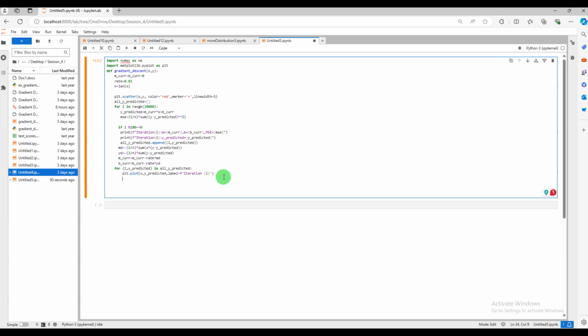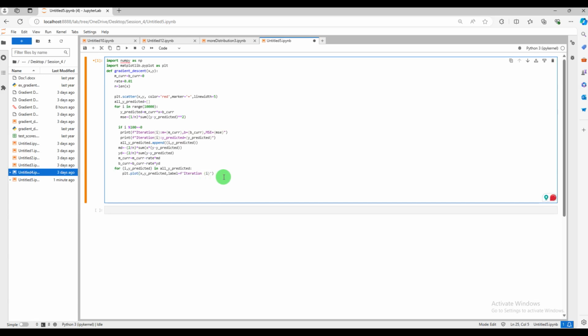So enter. plt.plot x, y predicted, color equal blue, comma, label equal final iteration.